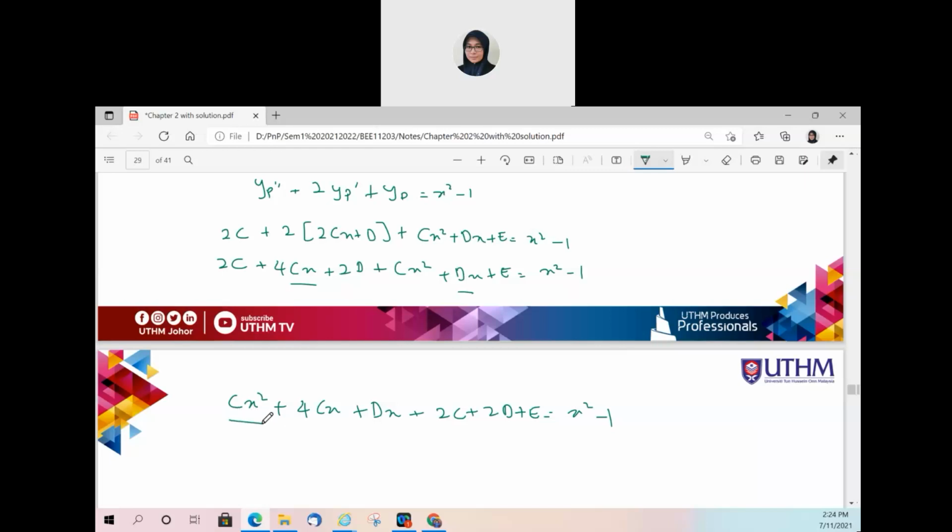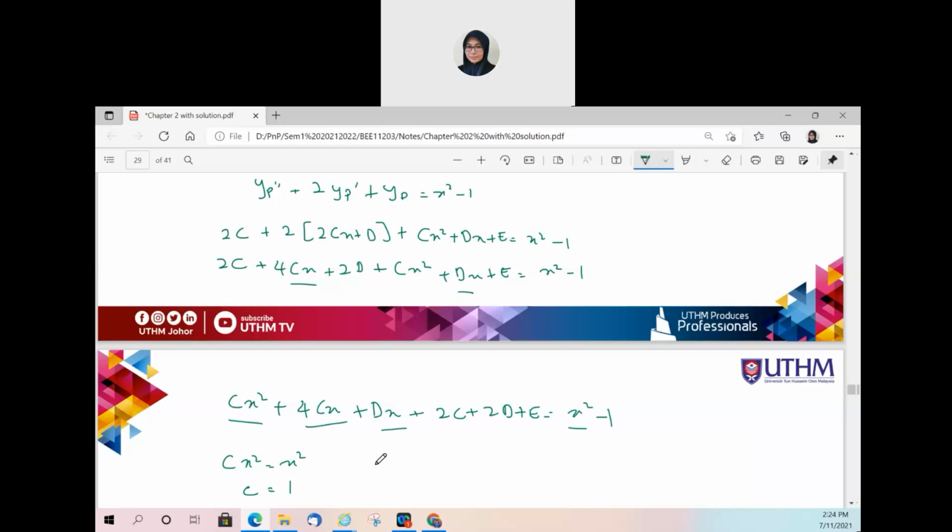So now we compare for x square. Cx square equals to x square, then c equals to 1. Betul? Right? So c equals to 1. And now we look at this x.